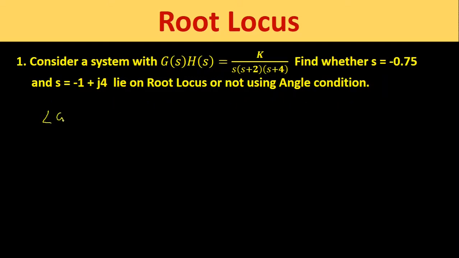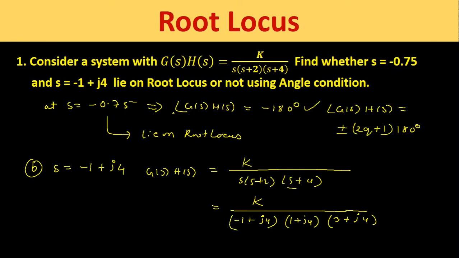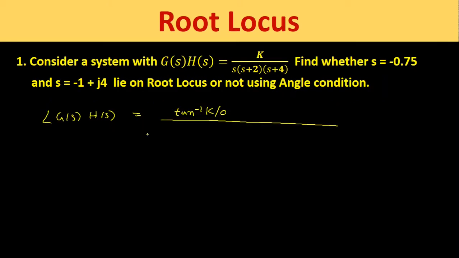Now from this equation we will find the angle of G(s)H(s). We will get tan inverse of K by 0 divided by, again here the real part is negative, so we have to use the formula 180 degrees minus tan inverse of imaginary part, which is 4, upon real part, which is 1. In the next value the real part is positive, so we can directly write tan inverse of 4 by 1.